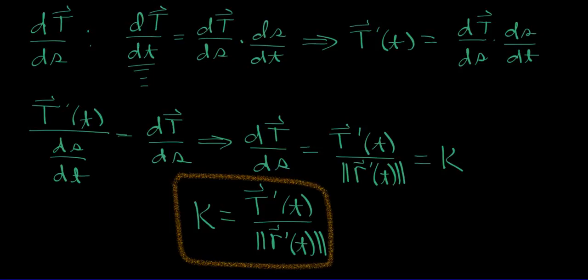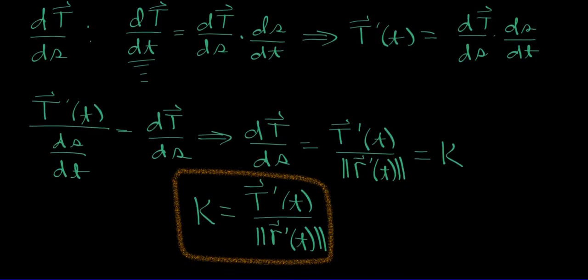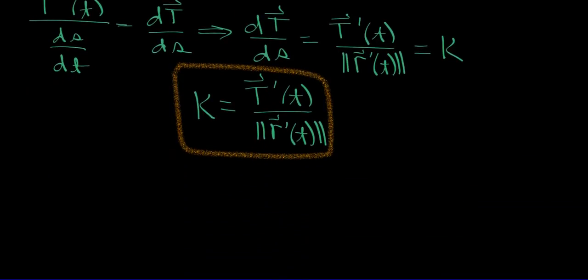That works, right? But still, T prime can be difficult too, because there's dividing by magnitudes and all that stuff. But anyway, this is one of the formulas for curvature that you'll see as well. Any questions about that?